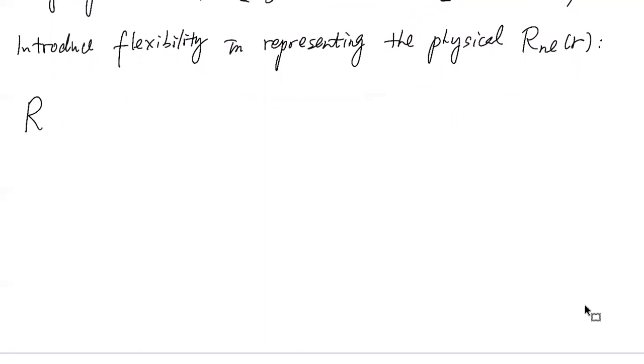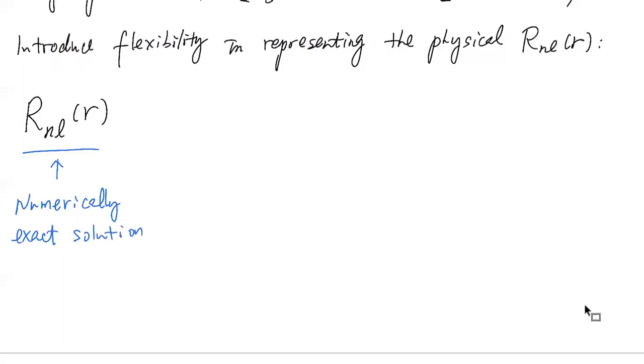Well, in general, if you want to target R_nl, this is the physical solution or the exact solution, or for a many electron system, the numerical solution, the numerically exact solution for a particular kind of atom.